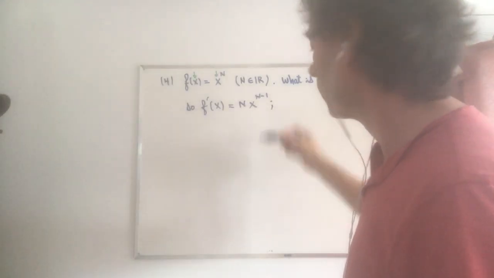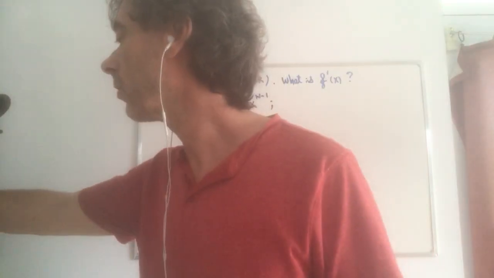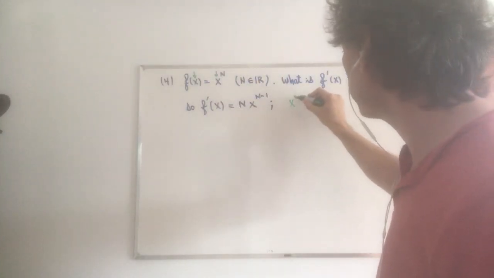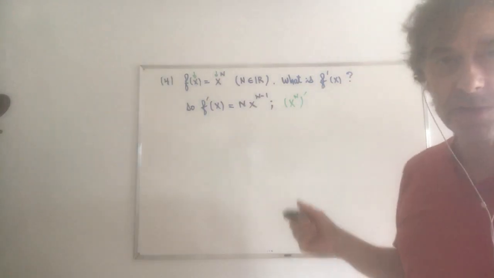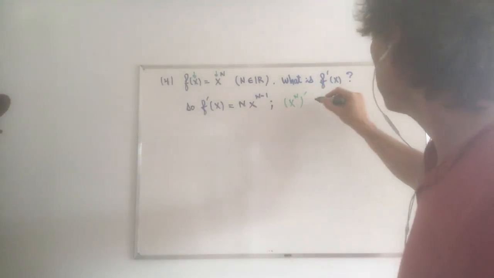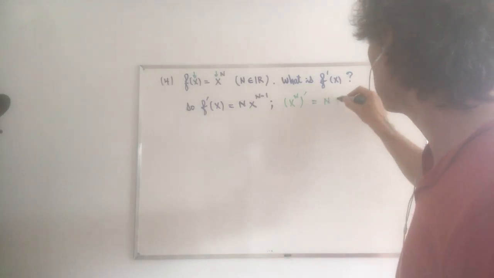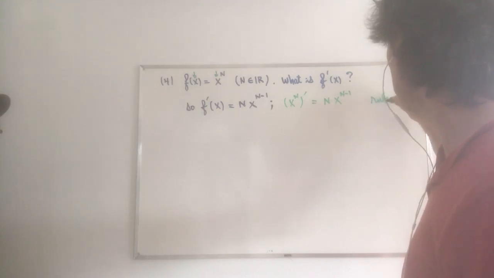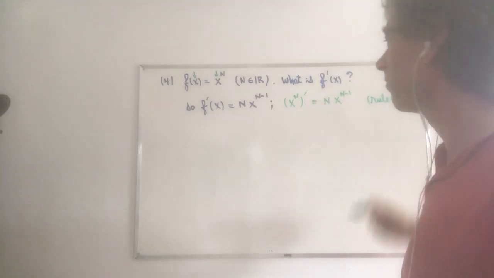Or, if we want to write this in the other notation, rule 4 reads the derivative of x to the n. We can write it like this with the apostrophe to mean the derivative. And this is n x to the n minus 1. And we call this rule number 4.